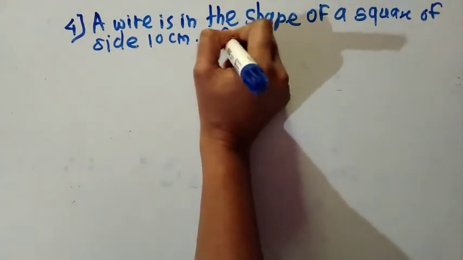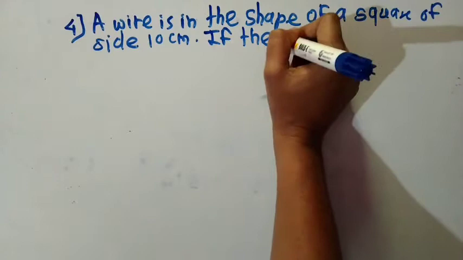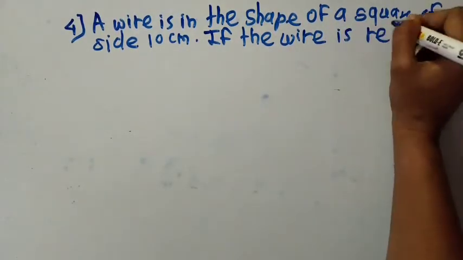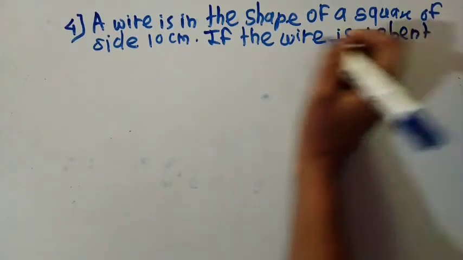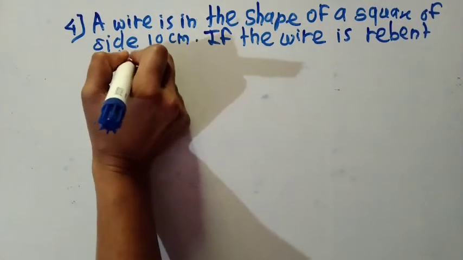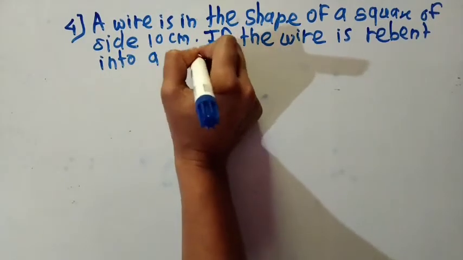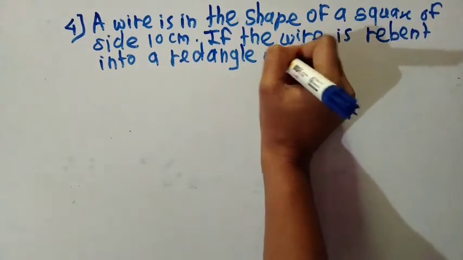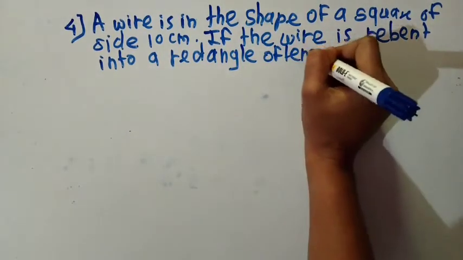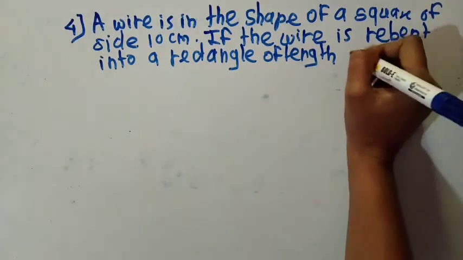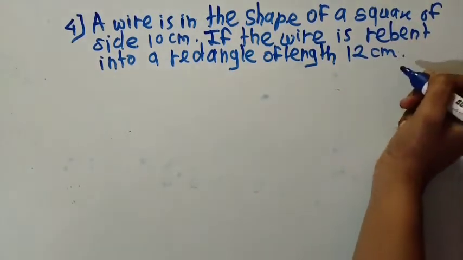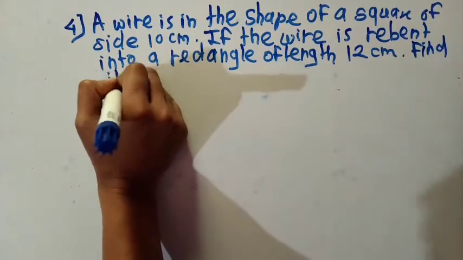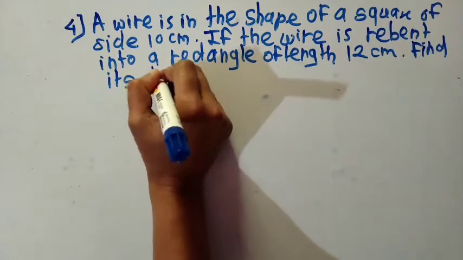If the wire is rebent into a rectangle of length 12 centimeter, then find its breadth.